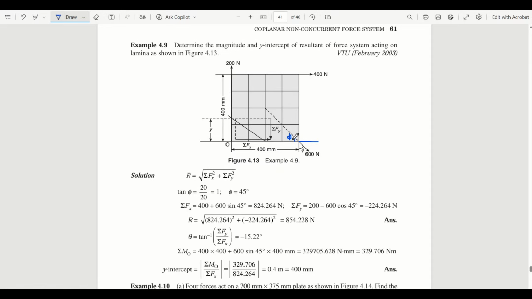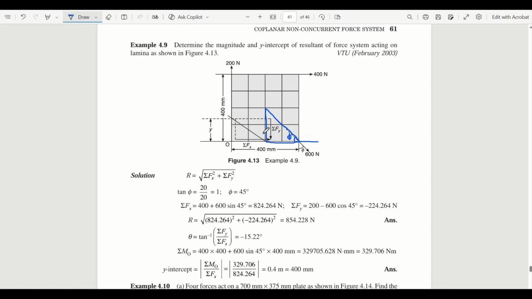To find this phi, can you take this triangle, what you are seeing here, this and this, correct? What are the dimensions? The total is 400.